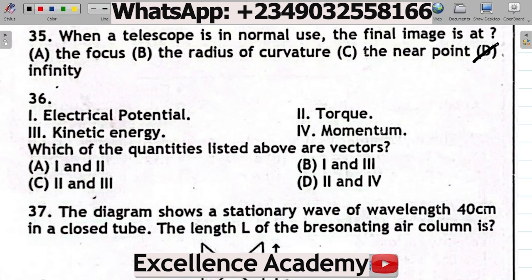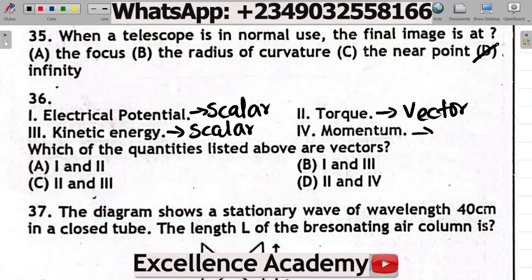All right. So which of these? Let's label 1 to 4, which are scalar and which of them are vectors. Electric potential is a scalar. So note this. Number 2, torque. Torque is actually a vector quantity. Kinetic energy. Kinetic energy is a scalar quantity.